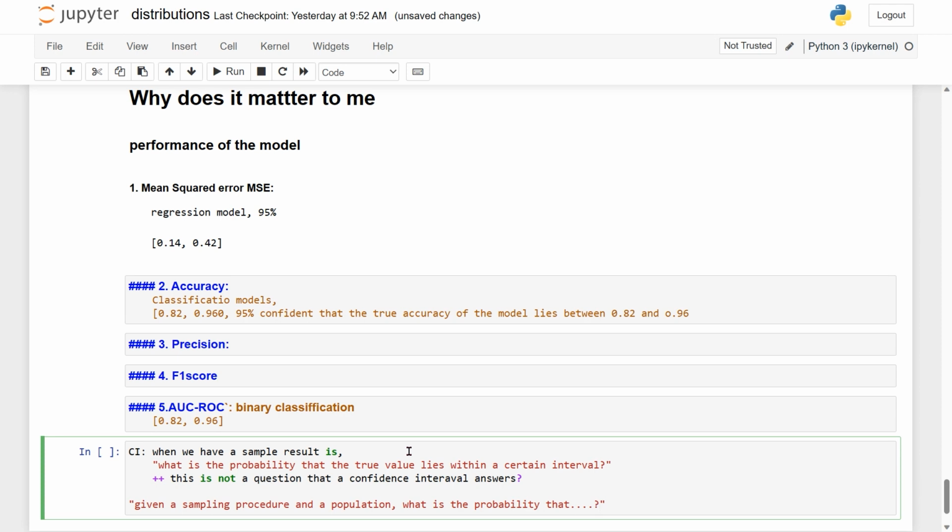So to go in the opposite direction, given a sample result, what is the probability that something is true about the population? This is what the exact question is.